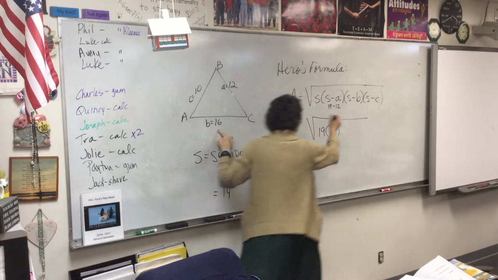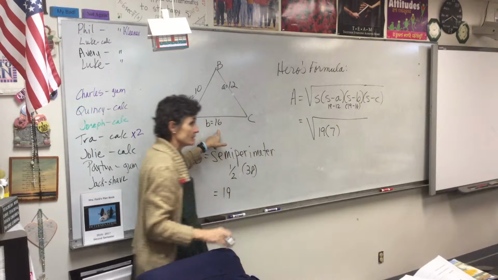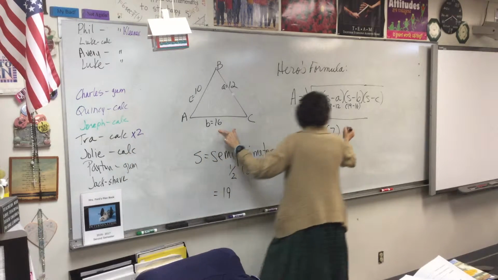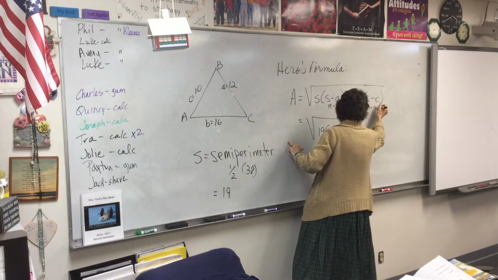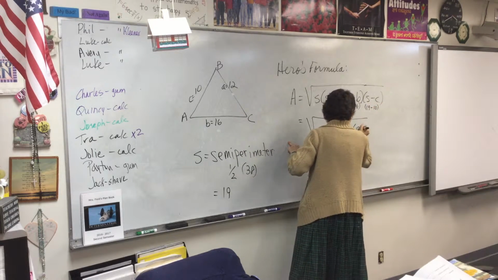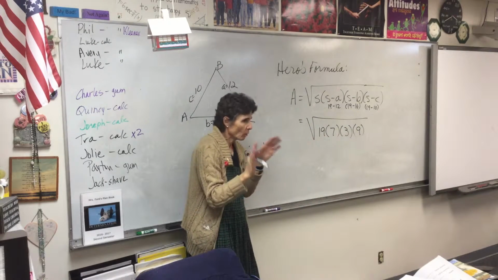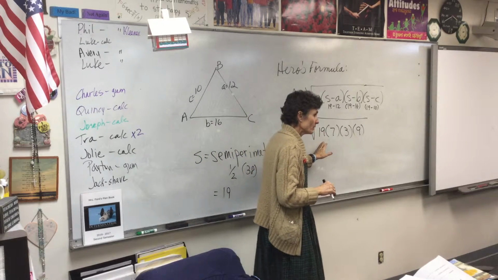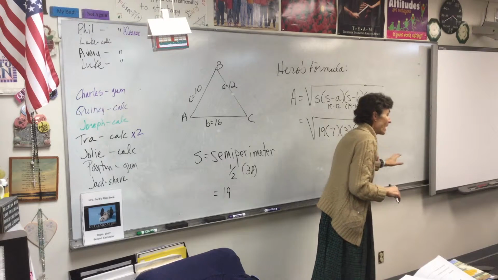And then 19 minus b, which is 16. So that's going to be 3. And then 19 minus 10, which is going to be 9. Now, do you think it matters what order I do those in? No. It's semi-perimeter times the semi-perimeter minus each side.